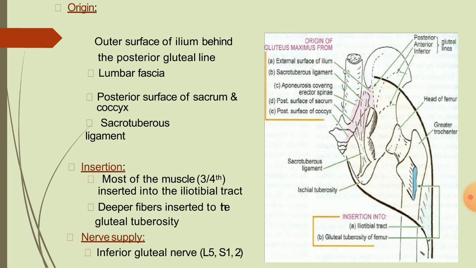Insertion: it is inserted on the iliotibial tract. Approximately three-quarters of the muscle is inserted into the iliotibial tract, and the remaining quarter attaches to the gluteal tuberosity on the femur. It is supplied by the inferior gluteal nerve.